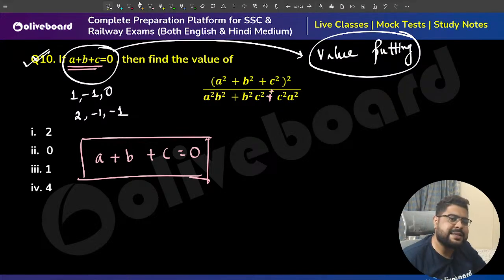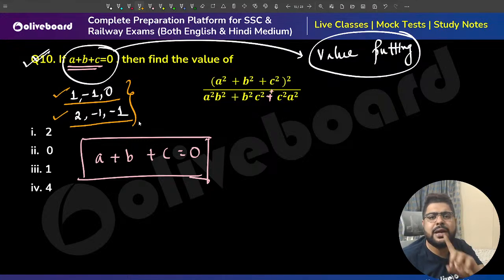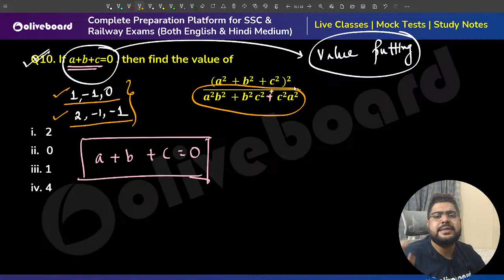Now please understand when to use what. Whatever value putting we are doing, the denominator can never be 0.